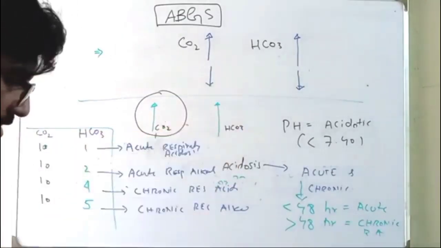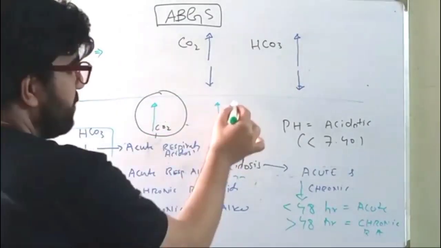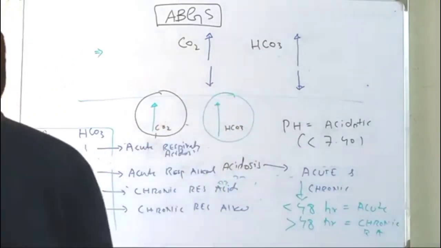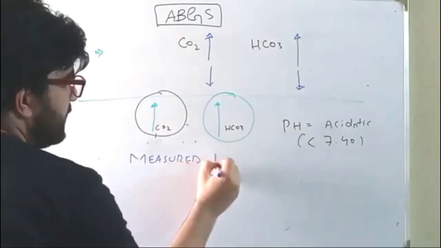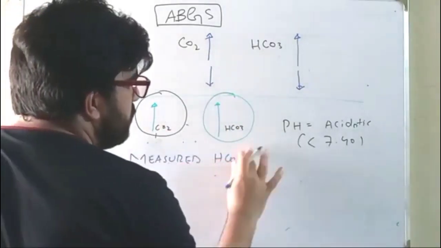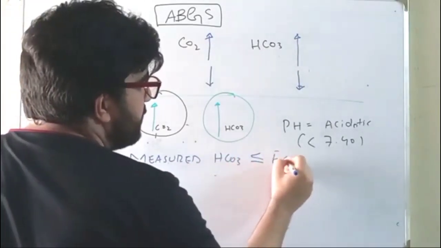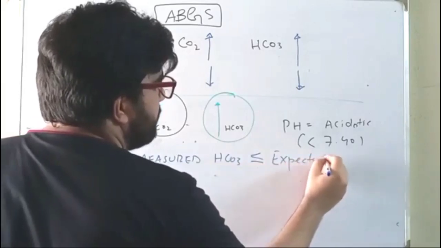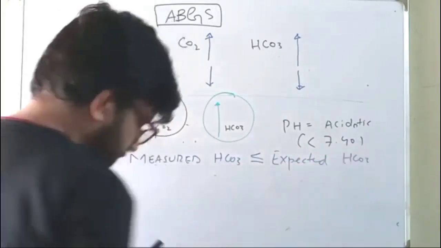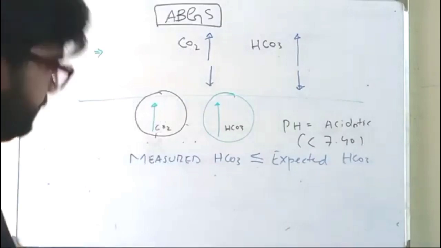So this arrow, now we are looking for whether this is compensation or this is the problem. HCO3 is equal to or less than expected bicarbonate. This is compensation.